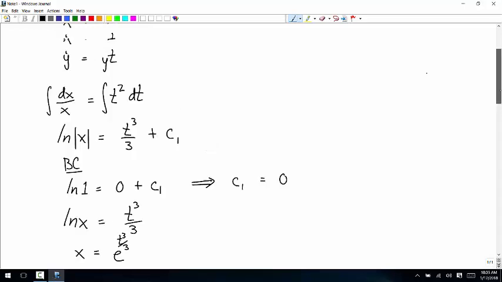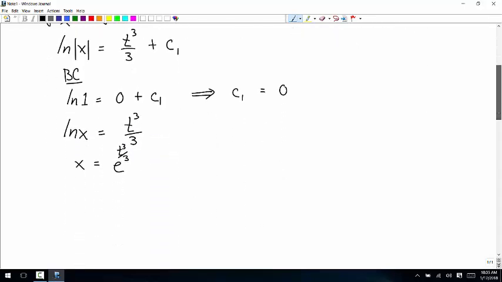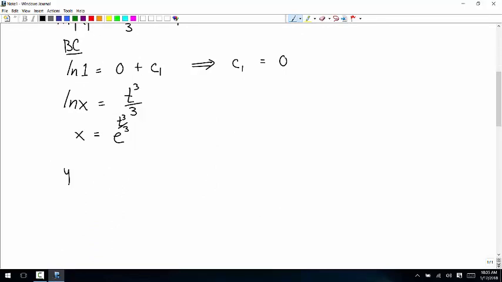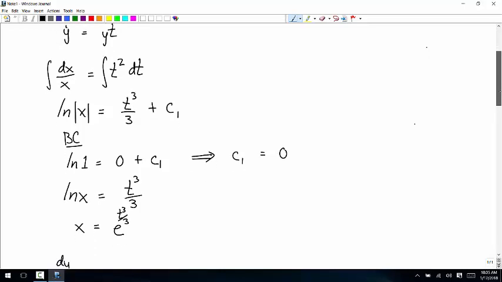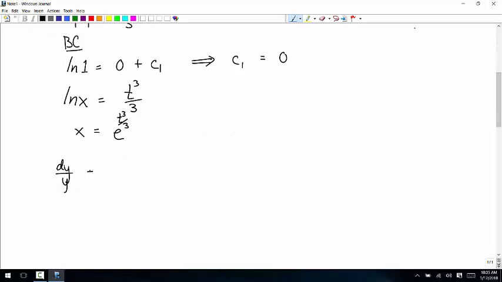And then the y equation says dy over y is equal to t dt. So natural log of absolute value of y is equal to t squared over 2 plus c2.